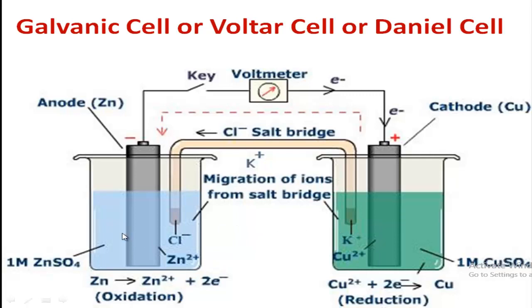And in this way, from chemical energy, electricity is generated. That means in a galvanic cell, chemical energy is converted into electrical energy.